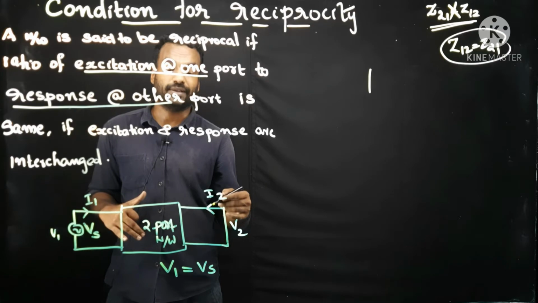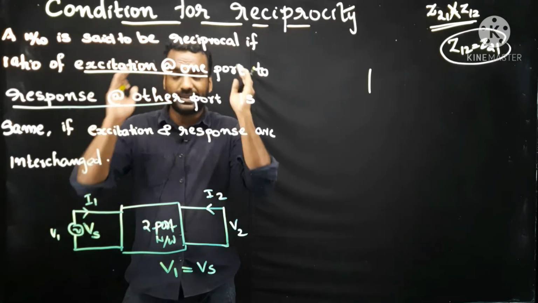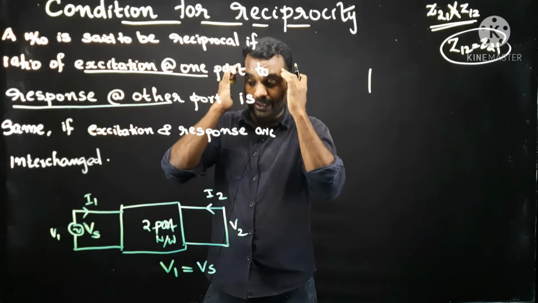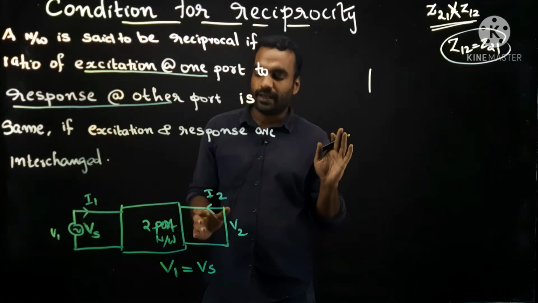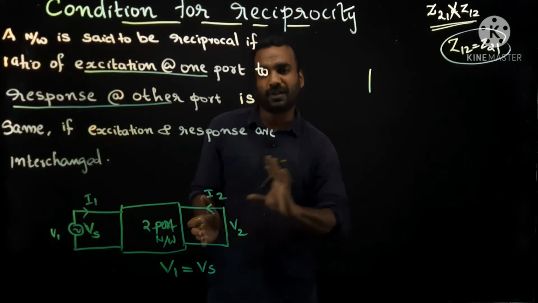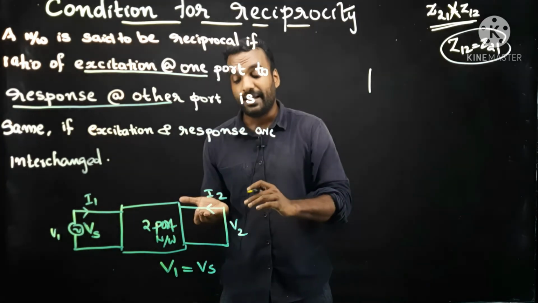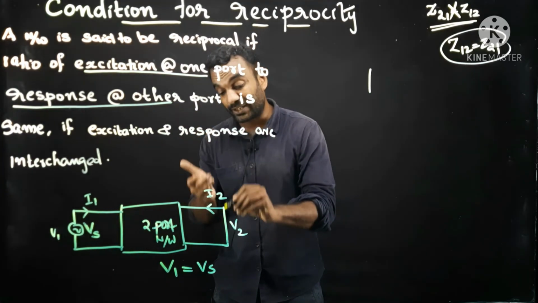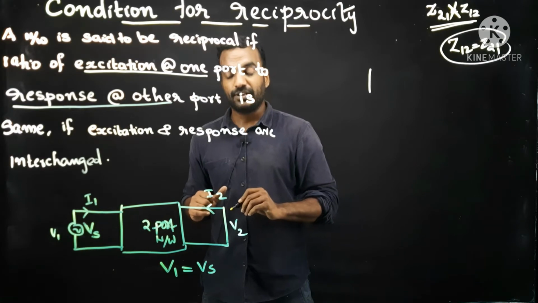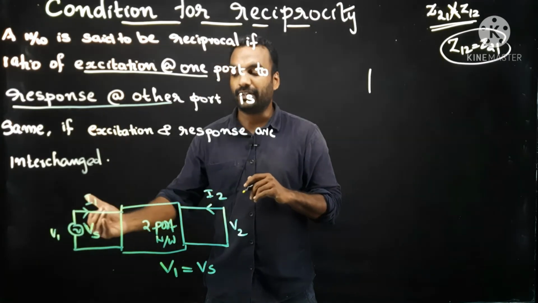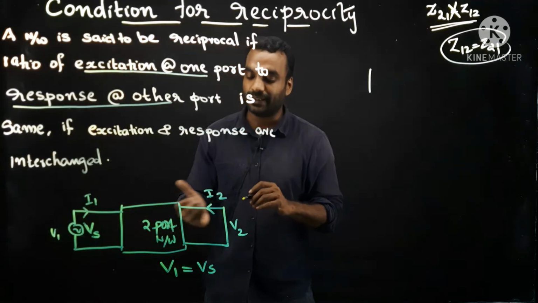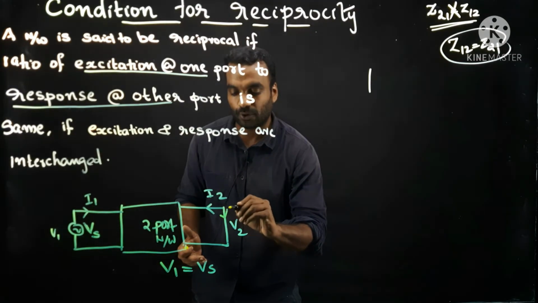I short circuited it. Please keep this in mind: in a normal circuit, this is the port for connecting a voltage, but here you are not connecting any voltage. Instead of that, you are just short circuiting. In such a case, as we are pumping from this side, the current will flow like this only.